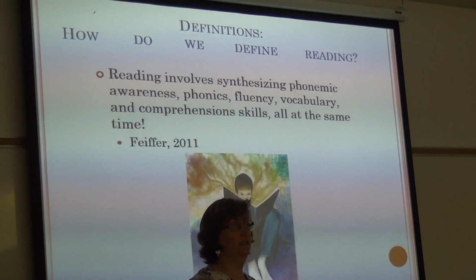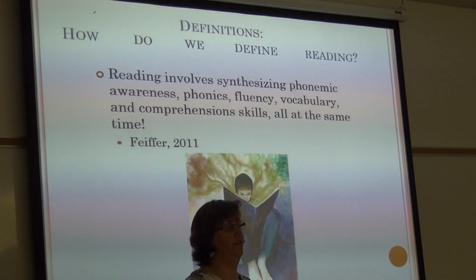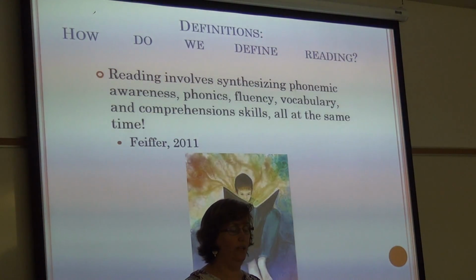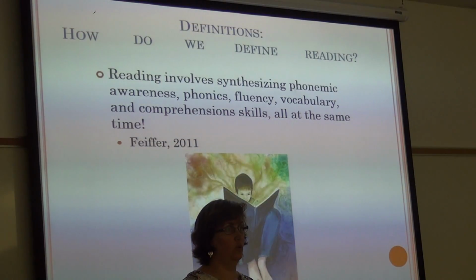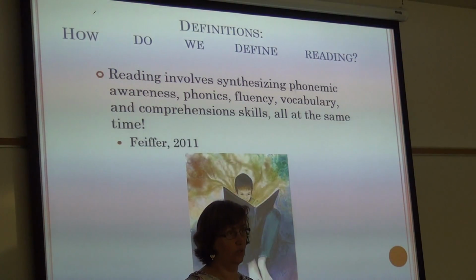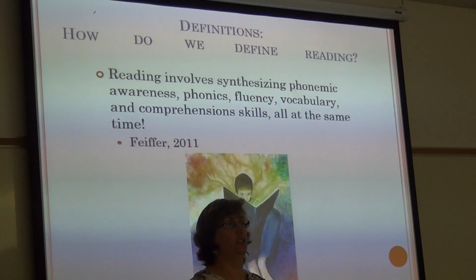There's a lot of cognitive synthesis going on, synthesis of these different activities: phonemic awareness, phonics, fluency, vocabulary, and comprehension skills. And so we can learn those skills discretely and then synthesize them all to actually read.